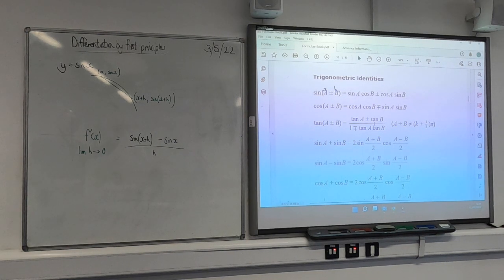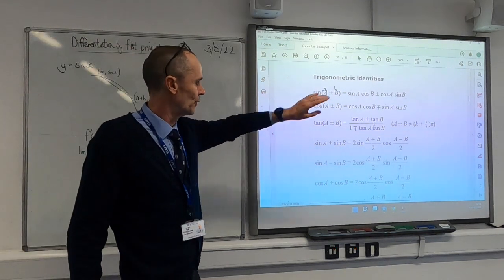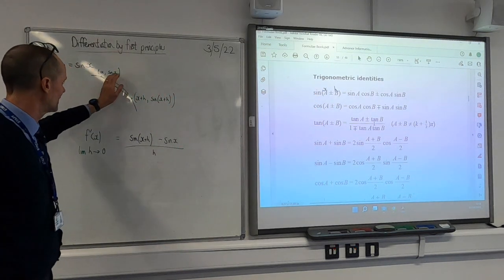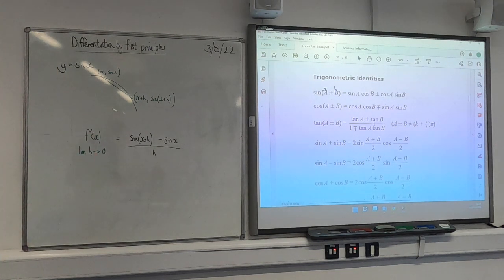Don't forget you've got the minus sine x at the end all along as well. So okay, expanding that, use the formula, but you still do minus sine x at the end.